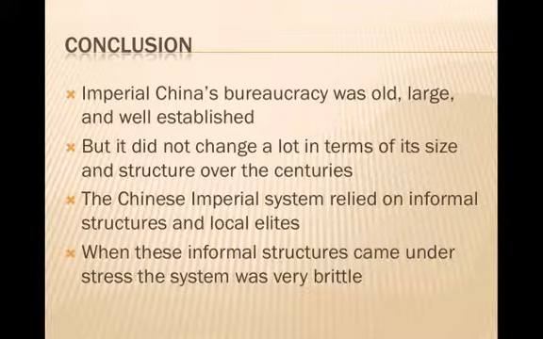As a result, China's ability to reform and modernize itself, at least under the imperial system, was very limited. And this helps to explain why the break with the Confucian past had to be so total later on.